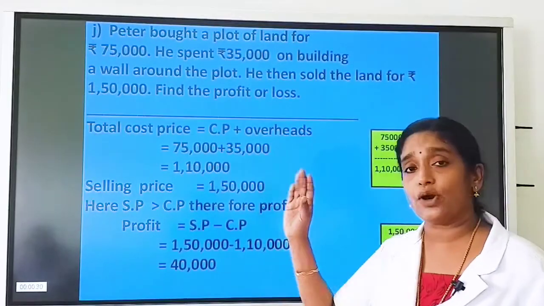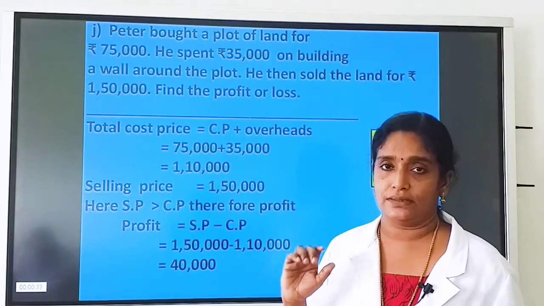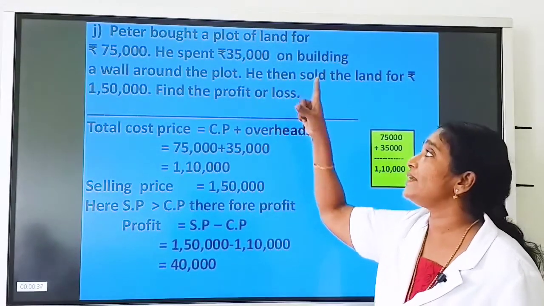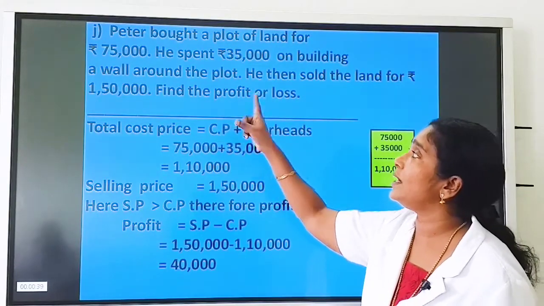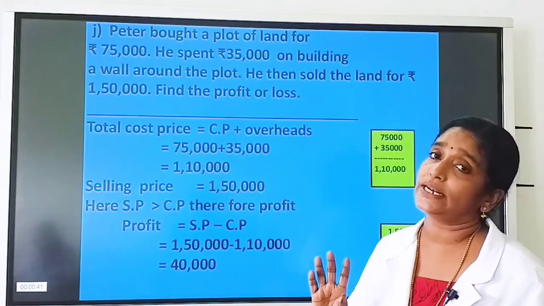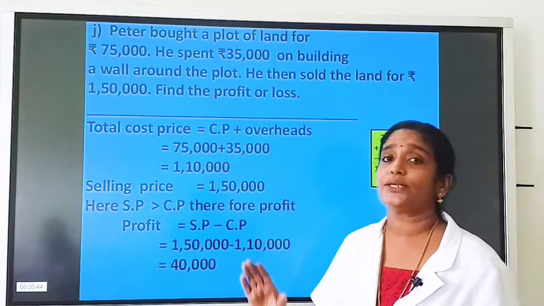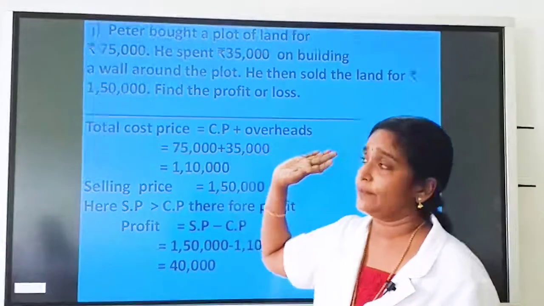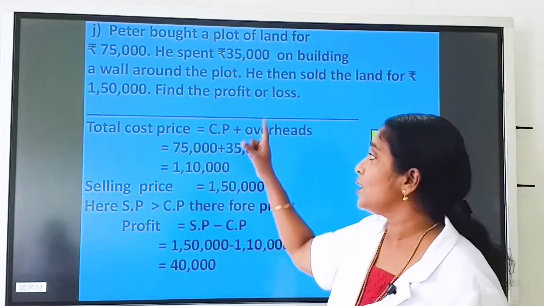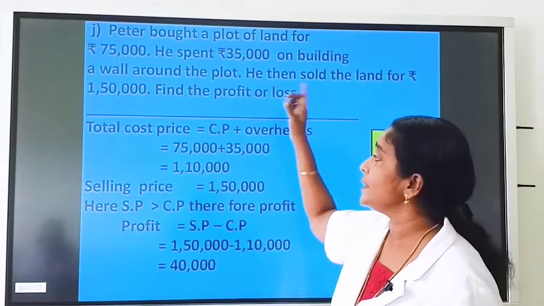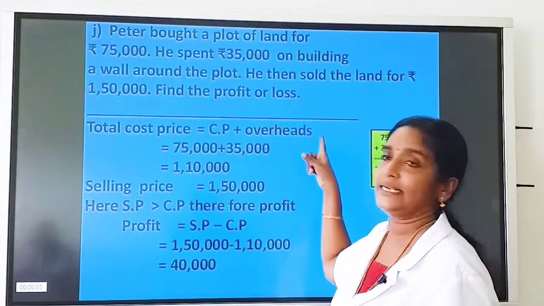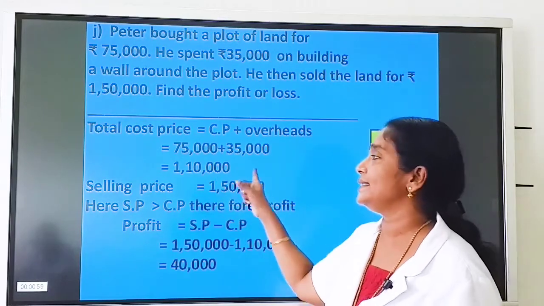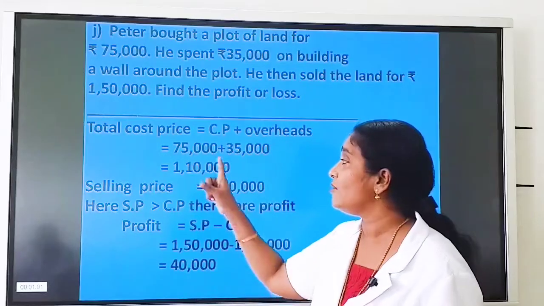So, what is the cost price of the land? 75,000 rupees. And he spent 35,000 on building a wall around the plot. That is the overhead charges. So, to find the total cost price, we want to add the overhead charges with the cost price. So, 75,000 plus 35,000. What is the total cost price? 1,10,000.